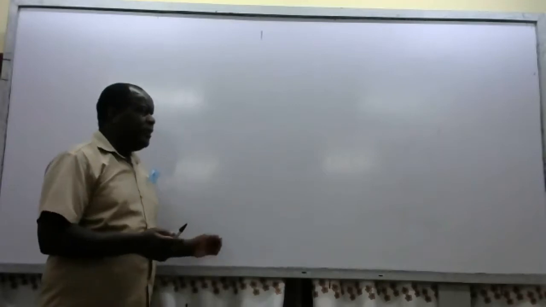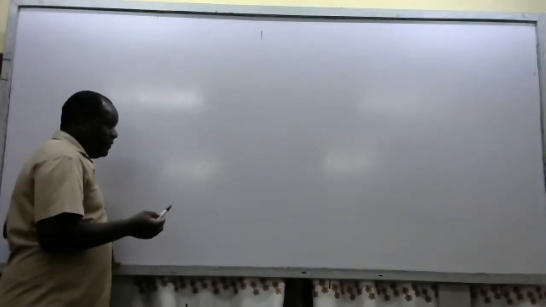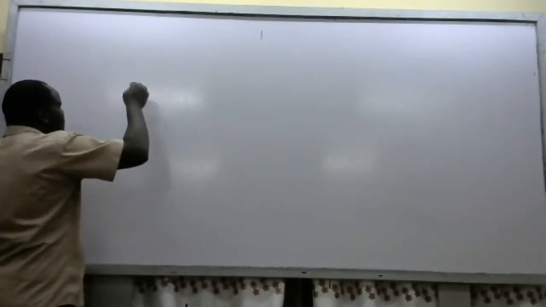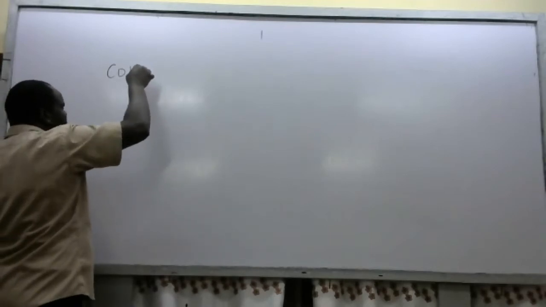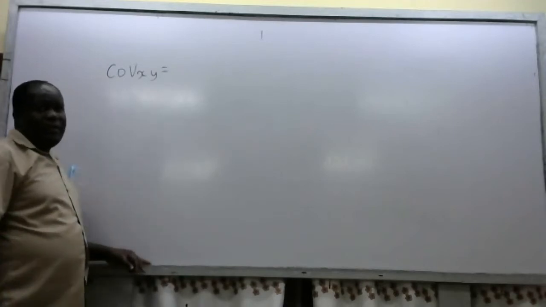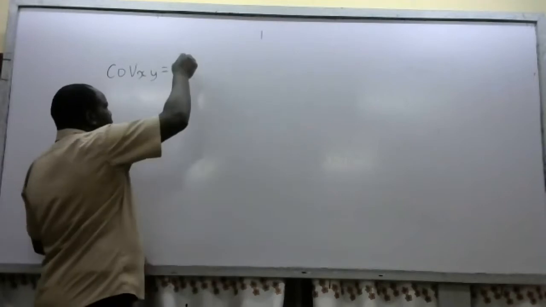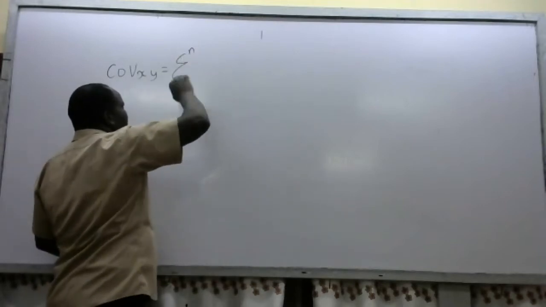Then we continue, but it can be expressed as follows. So to get the covariance between, let's say, security X and Y, we simply get the summation from the first observation to the last.